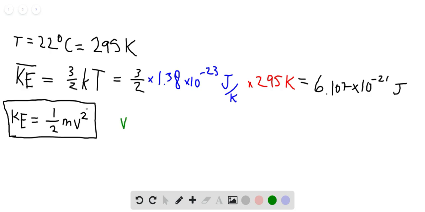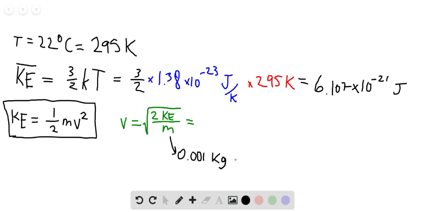We can rearrange this equation so that the speed equals the square root of 2 times the kinetic energy divided by the mass. And then plug the numbers in. This is our kinetic energy, and our mass will be 1 gram, or 0.001 kilogram.